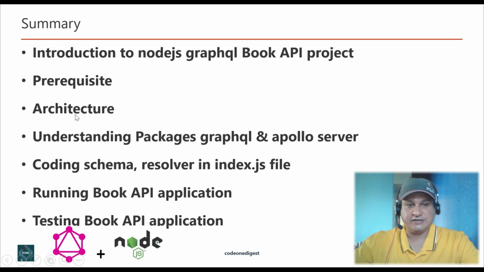All of that we covered as a part of the architecture. Then we understood the packages like GraphQL and Apollo server. What are these modules and why do we require these modules, right? Finally, I explained the coding of schema, resolver, and index.js file. I have shown you how to run the application, and finally we have tested the GraphQL API, right? I have shown you how to test the GraphQL API using an Apollo server sandbox.